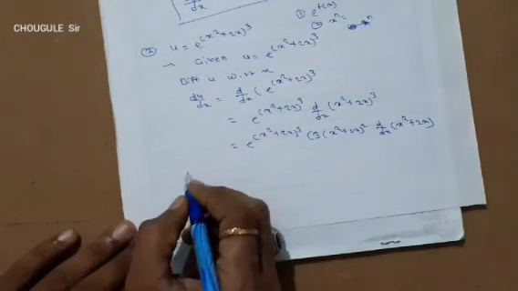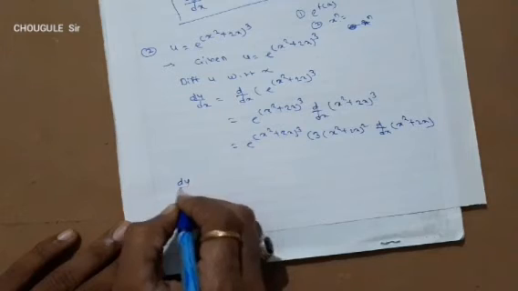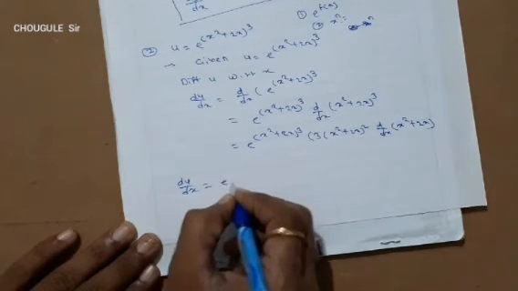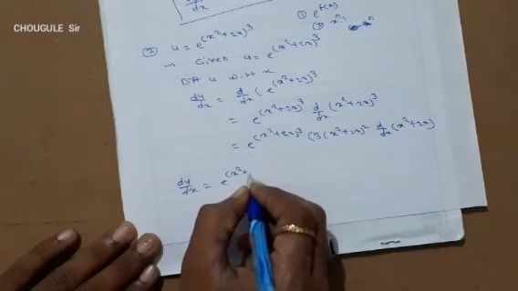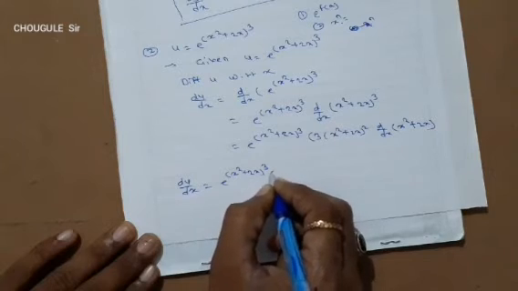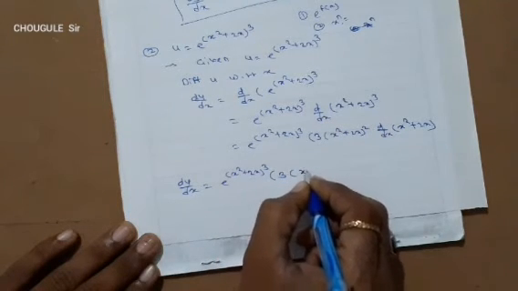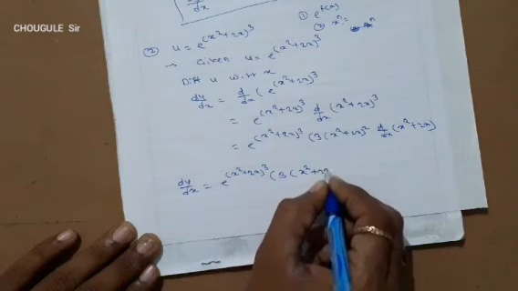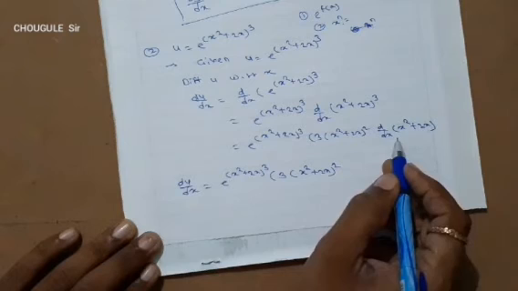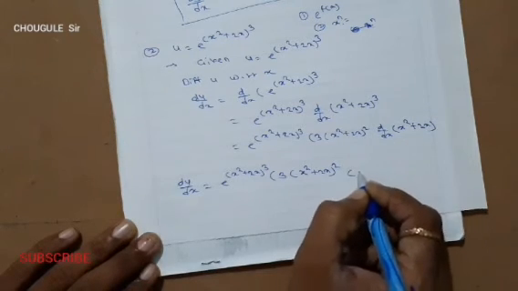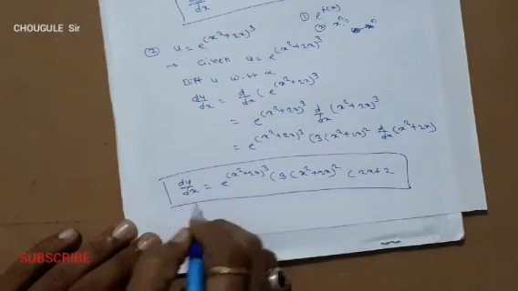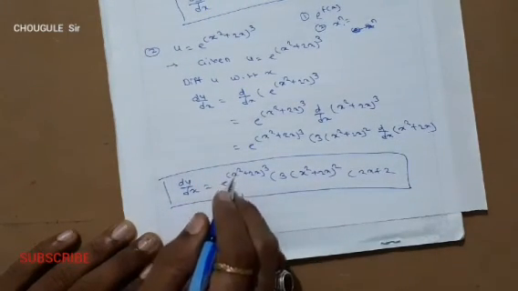Final answer of the u function: du by dx is equal to e to the power x square plus 2x to the power 3, into 3 into x square plus 2x to the power 2, and the derivative will be 2x plus 2. 2x plus 2 is the final answer of the derivative function.